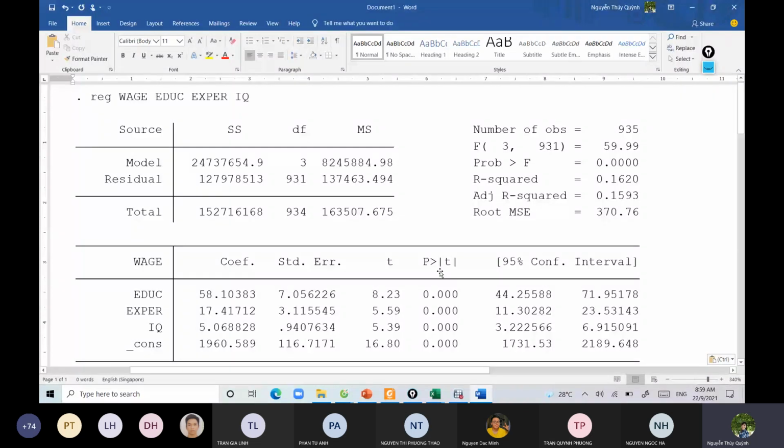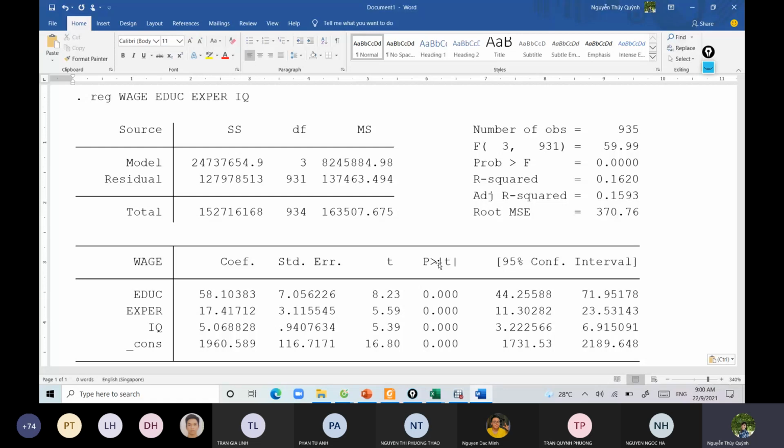This column is the probability P, the probability that we can observe a T with an absolute value greater than the absolute value of this observed T.